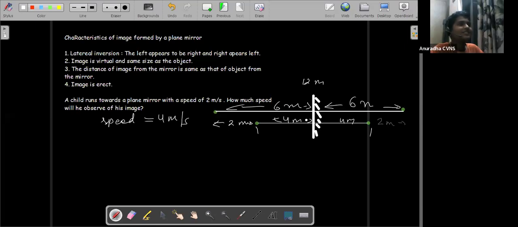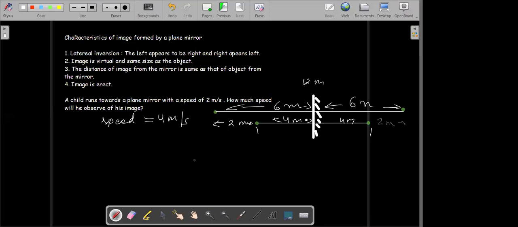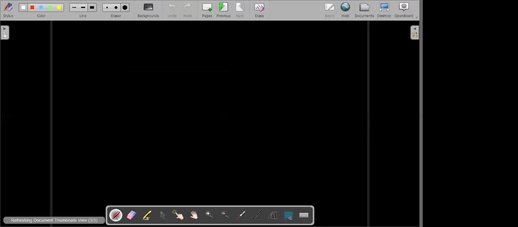Yes, sir. Okay. Now, with reference to the plane mirror, you have one more concept, that is the number of images formed by plane mirrors.